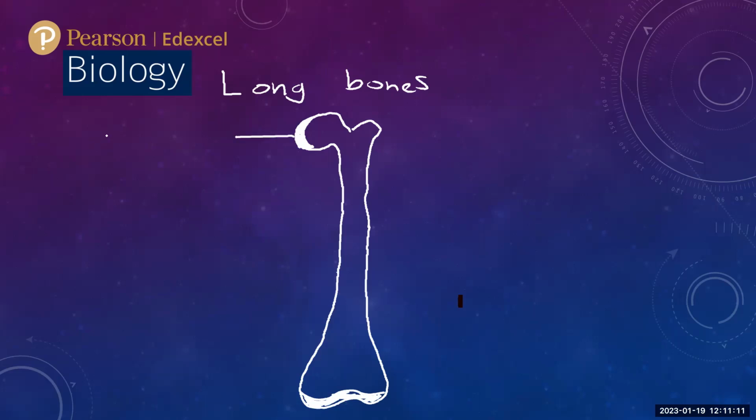It's called cartilage. So we can find cartilage on the surface where it's going to join with another bone. So they are at the ends of the long bone.